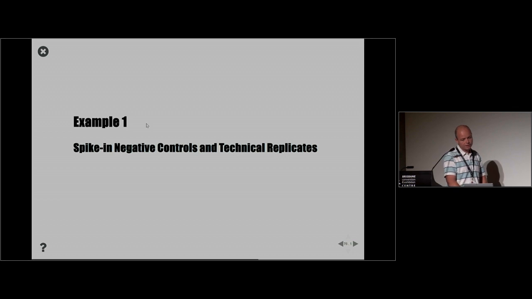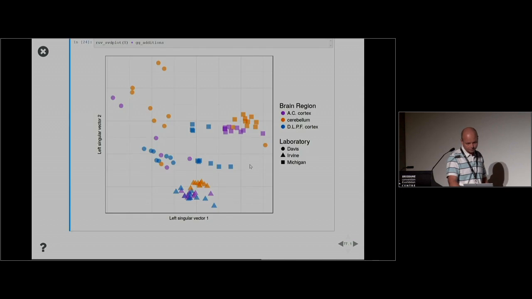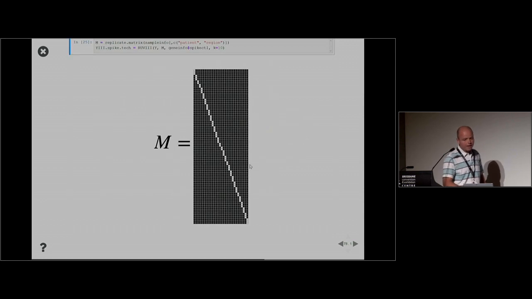Okay, and so here's the first example. I'm going to use the spike-ins as the negative controls, and I'm going to use the technical replicates as the replicates. As a reminder, this is the principal component plot of the unadjusted data. And here is what the replicate matrix looks like.